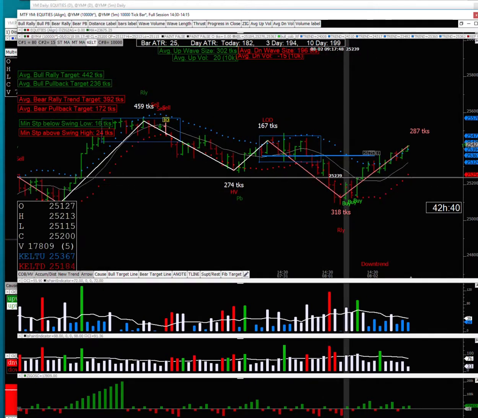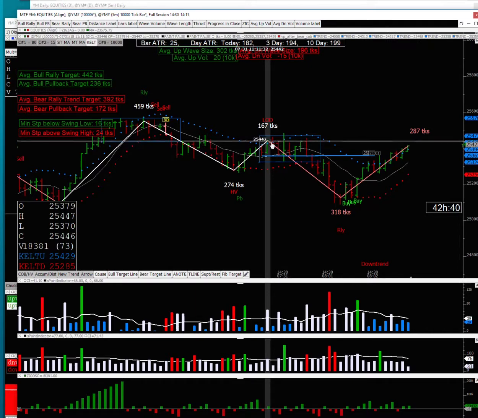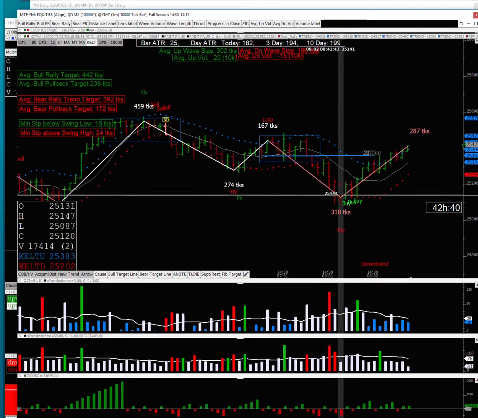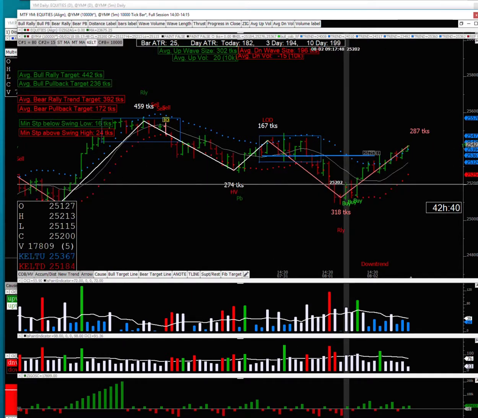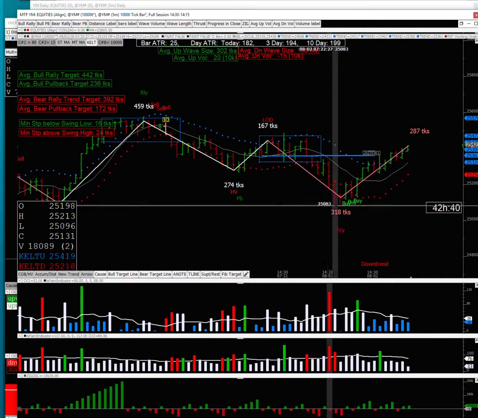So that volume came in here. So the way I'm perceiving this is the market goes down and then they buy the low. And that's what you're supposed to do. Buy low, sell high. So they buy the low, and then your stop is near the danger point.